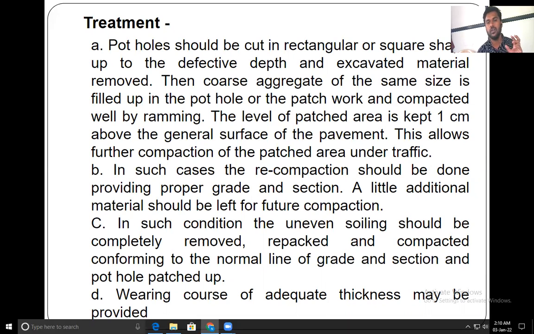So if possible, maintain a greater thickness than the pavement. Ultimately when the load passes over it, the thickness will get reduced. So this is the treatment that I have told you.